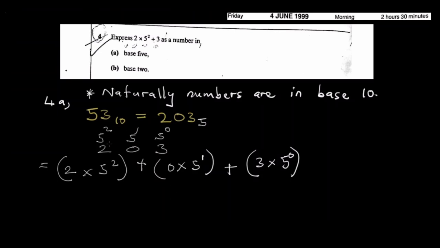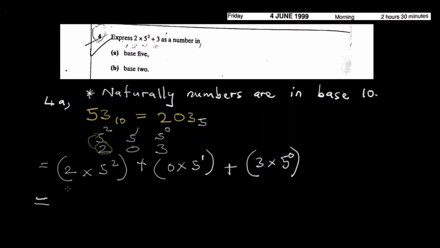We are taking this number 2 and multiplying it by 5 to the power 2. Here it's 0 times 5 to the power 1. And here we have 3 times 5 to the power 0. So let us solve and find out if we are going to get 53.